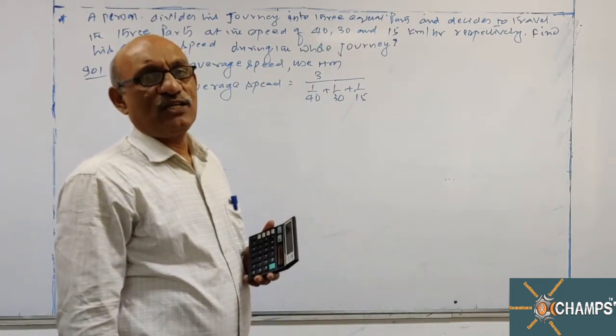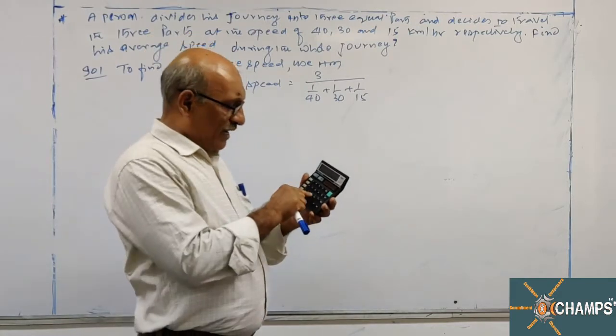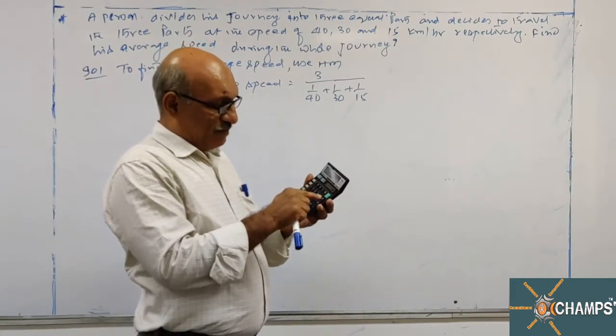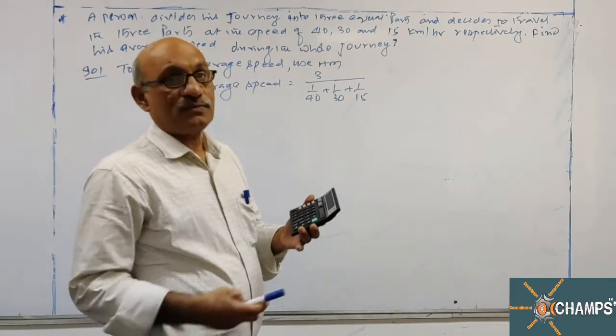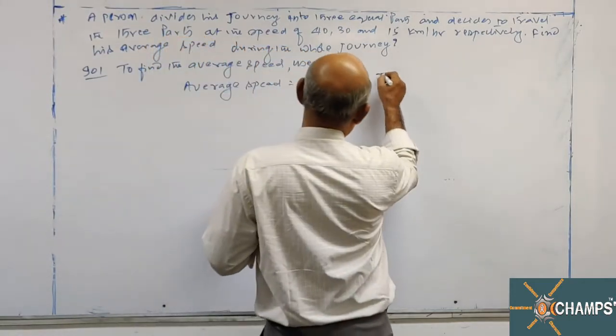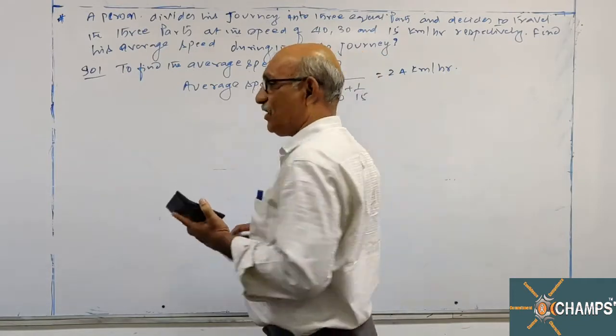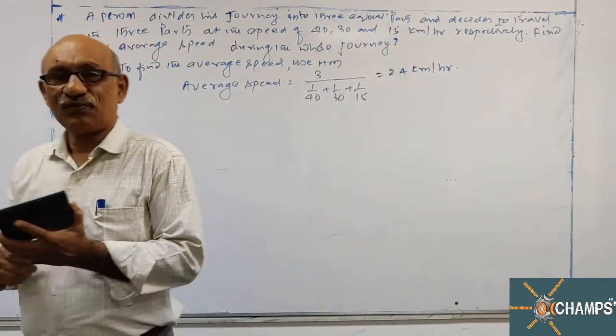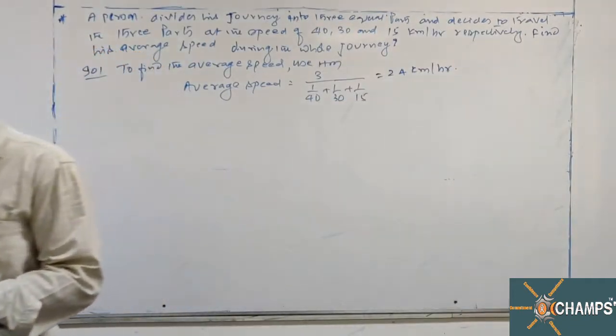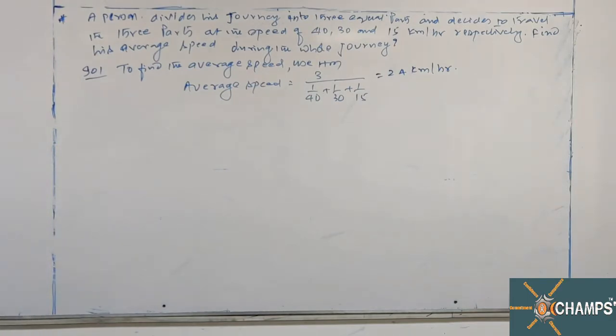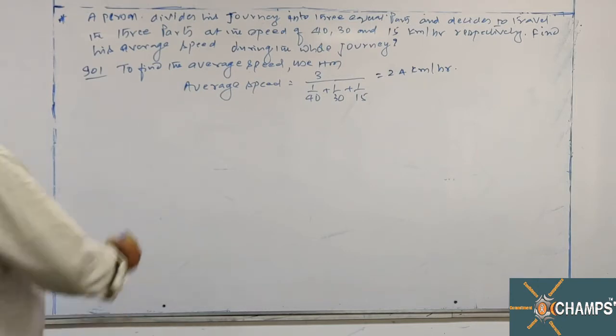Denominator is simplified and stored in the memory. Numerator is 3 divided by MRC is equal to. So this is equal to 24 kilometers per hour. So his average speed is 24 kilometers per hour. Okay.